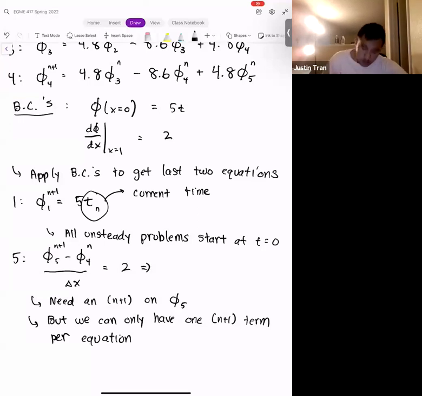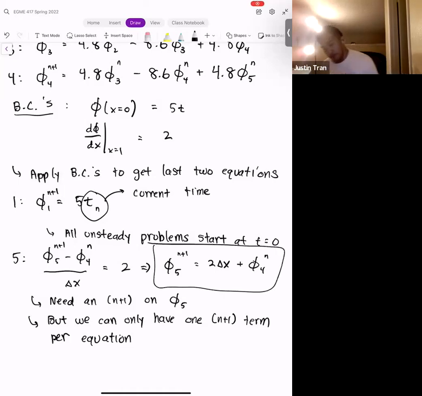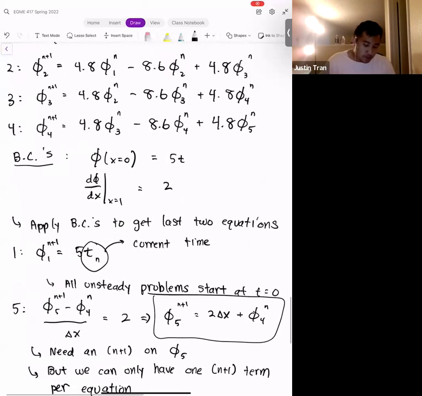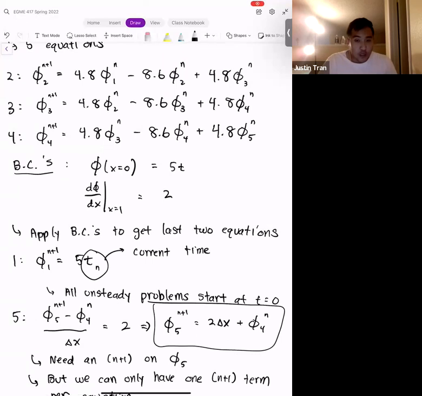All right, and so if we solve for phi 5 here, we say phi 5 at n+1 is equal to 2 delta x plus phi 4 at n. And so this is our fifth equation. Right, and so now we have all 5 equations here.